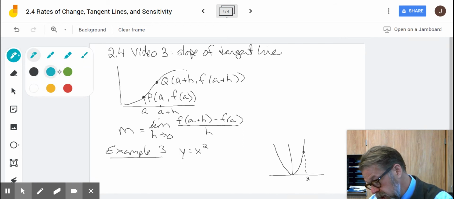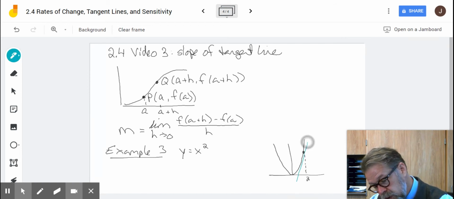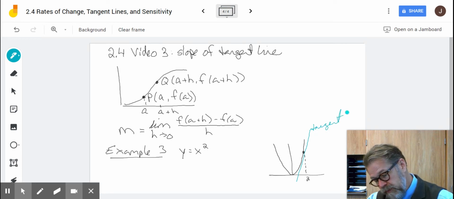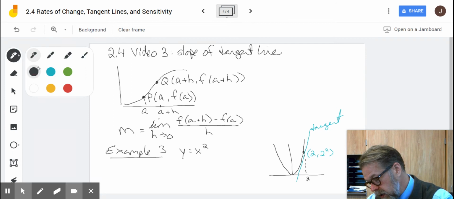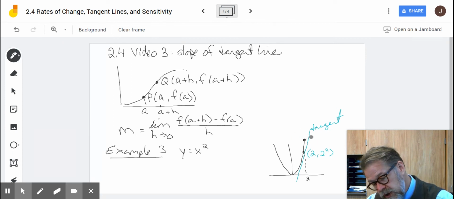So I'm just going to draw a quick graph here. There's my tangent line. So my point here is 2 comma 2 squared. My next point up here on the graph is 2 plus h comma 2 plus h squared. That's P and there's Q.